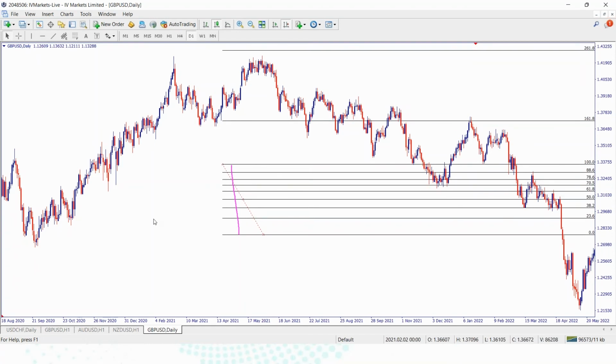So as you can see, we have different levels. We have 23, 38, 50, 60, 61, 70, and 78, and 88 levels, okay? So if the market is going for the retracement, it can go up to 23%, it can go up to 38%, it can go up to 50%, 61%, 70, 80, 88, and then it can crash.